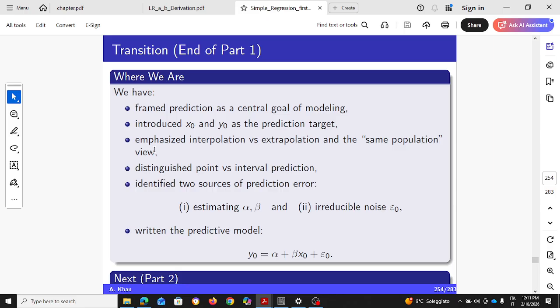Is the new point inside the data or outside of the data? We then distinguish between the point prediction and the interval prediction. Then we identify both sources of error. The first error is because of the estimation of alpha and beta. The second error is the one which we cannot reduce. And then we wrote our model like this.